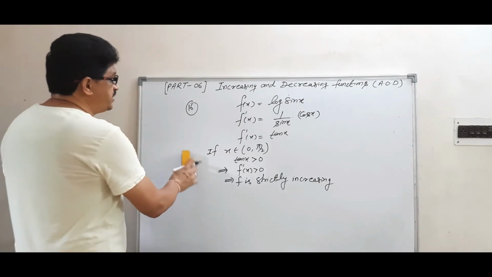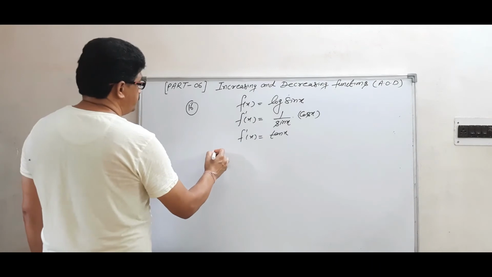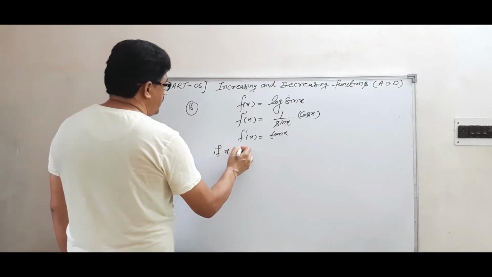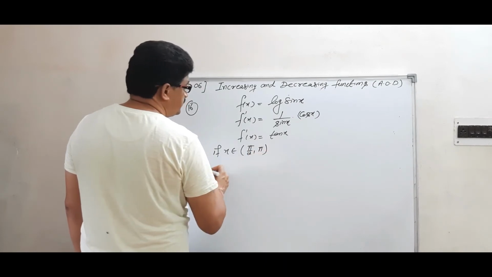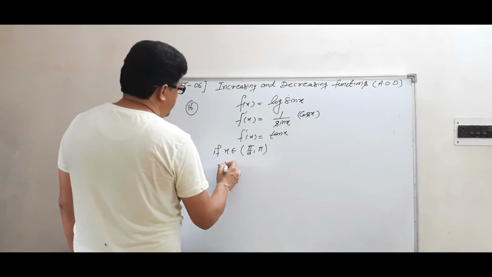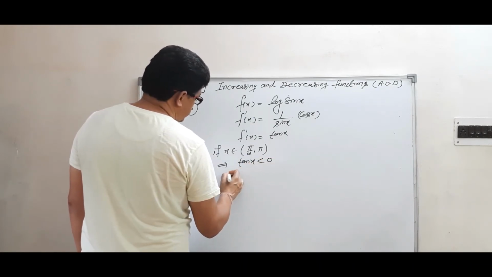Second, if x belongs to pi by 2 to pi, then tan x is less than 0.